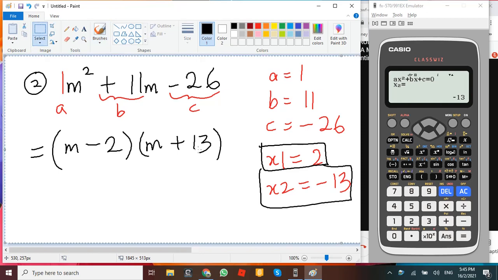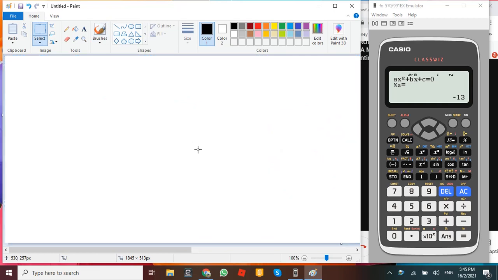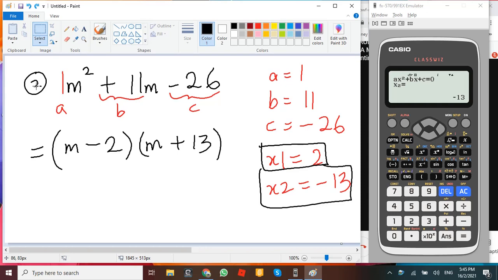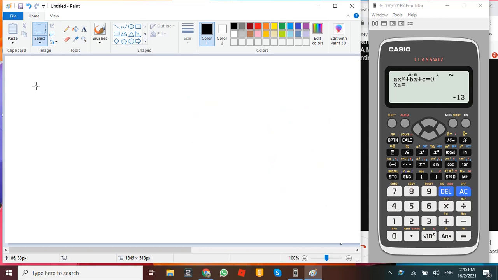Okay. Now we go to question number 3. Question number 3 is this one: k square minus 8k plus 16.